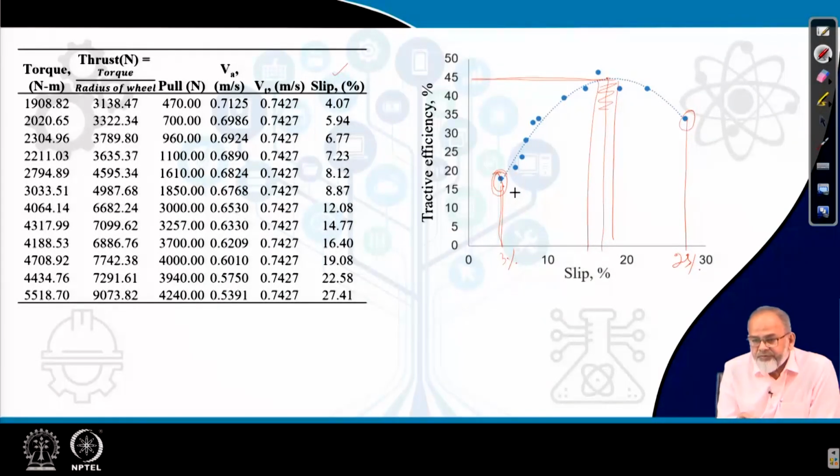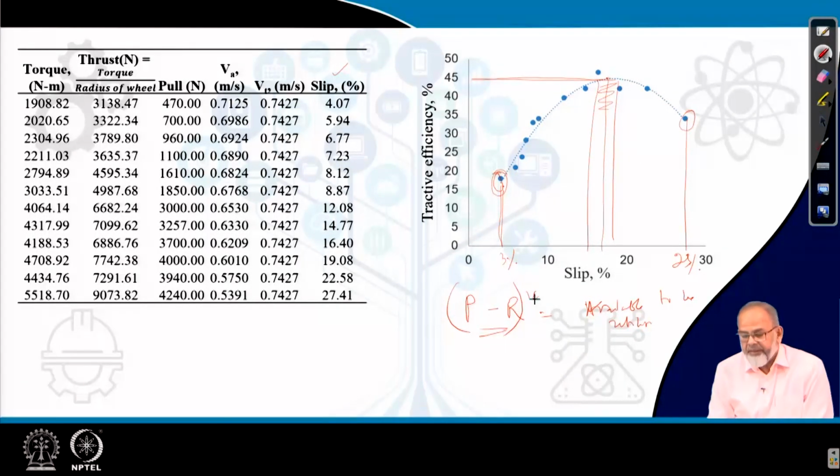That is not useful power, that is power which is lost. So the pull which is developed minus rolling resistance is the power which is available to be utilized. I said power because I multiply with Va.